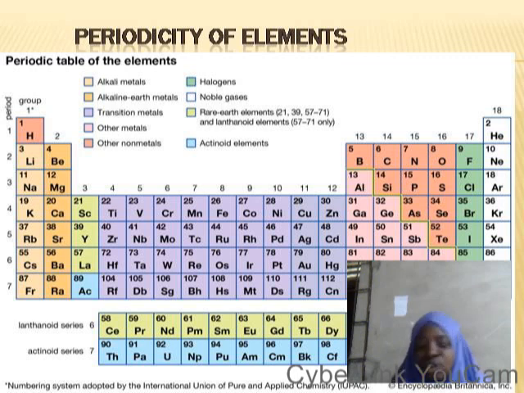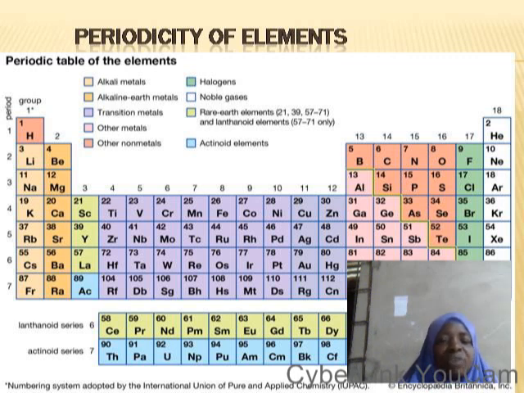What we are going to look at today is the families of these elements, the periodicity of the periodic property of the elements, the first transition series and their property. We are also going to look at the lanthanides and the actinides. So let's go to each group of these elements.